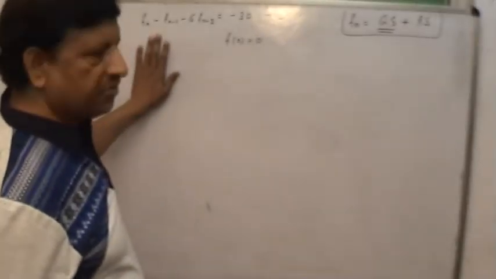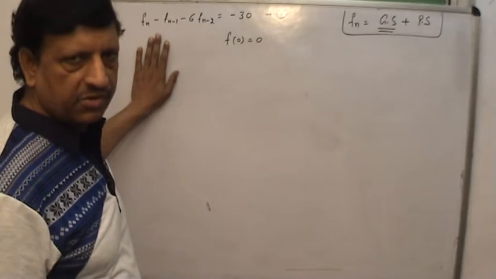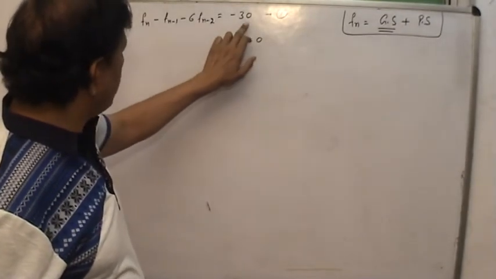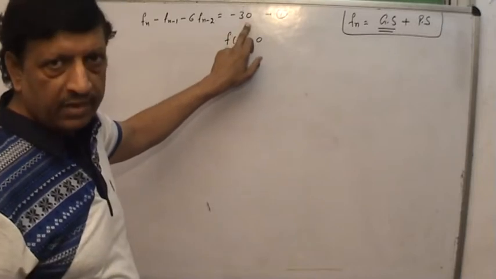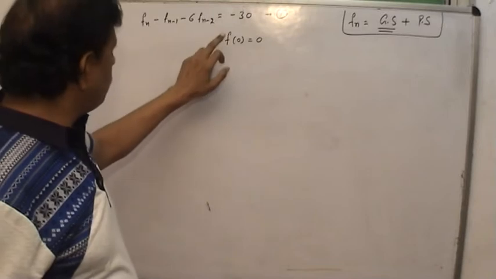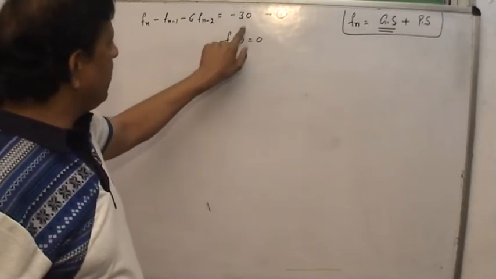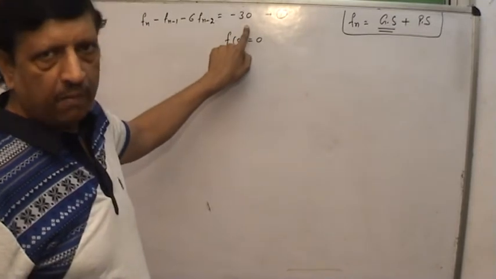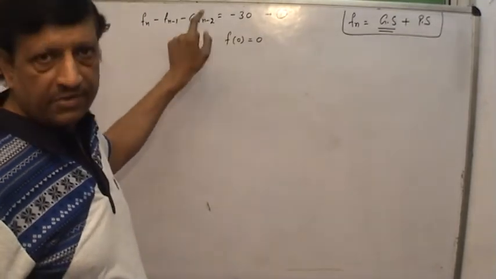This recurrence relation is different from the ones we discussed previously, in that it contains a constant term on the right hand side. It does not contain any term which depends upon n. But the constant itself is a problem for this recurrence relation.